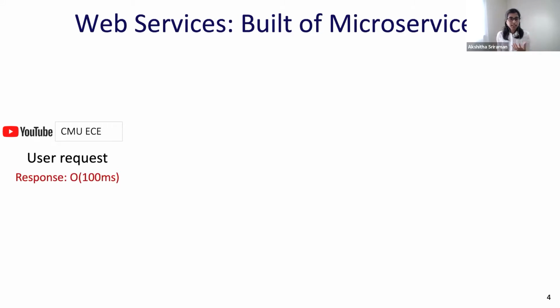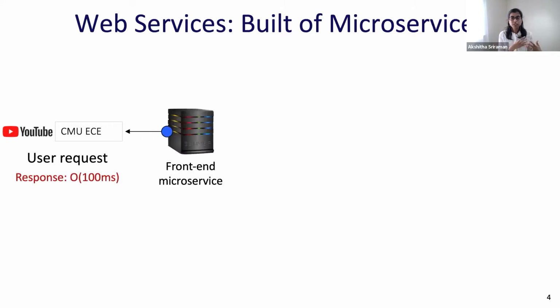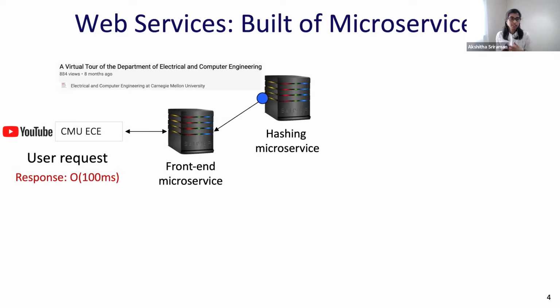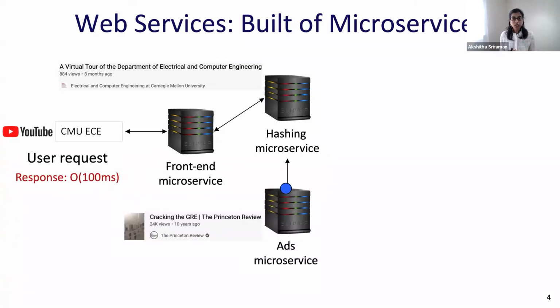What typically happens is your request first goes to a front-end microservice which parses that request. It might then send that request to a hashing microservice, which extracts information about relevant videos. It might then send that request to an ads microservice, which figures out some advertisement videos to show you along the way.